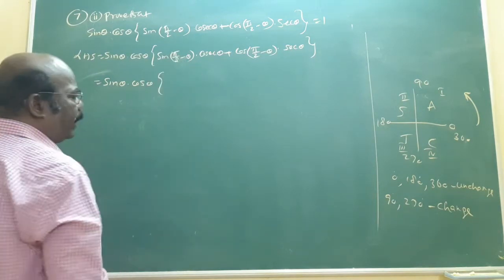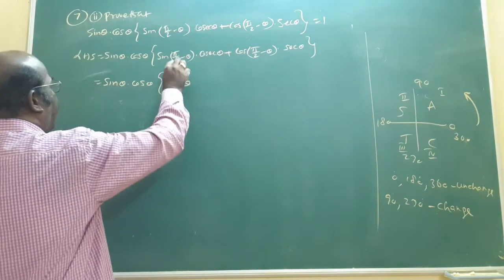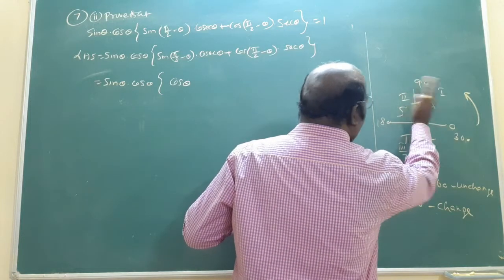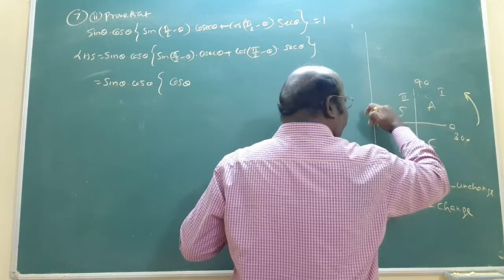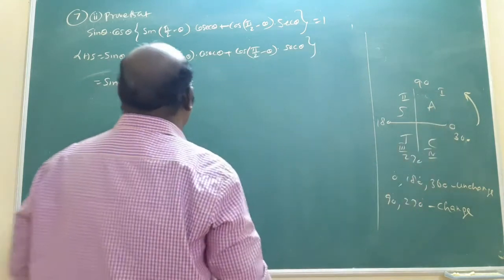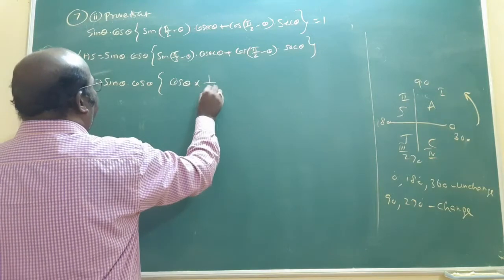Sin 90 minus theta. 90 will change. Sin becomes cos theta. 90 minus means clockwise, plus means anti-clockwise. 90 minus means first quadrant, all positive.